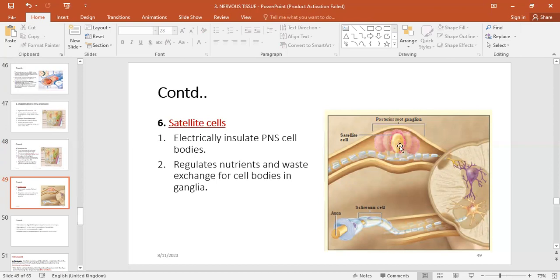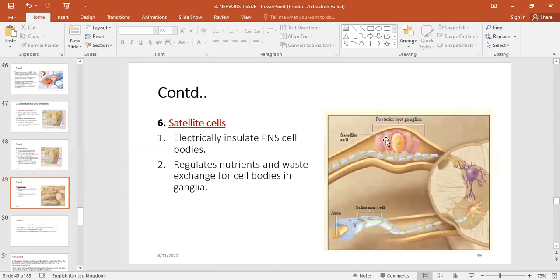Now, these cells, because they're outside the central nervous system, outside spinal cord and brain, they are guarded by satellite cells. So satellite cells are acting more like astrocytes in the brain and spinal cord. So these are the cells you are seeing in pink. They are covering the cell bodies only because they know once a cell body dies, this cell is gone, and the function it was controlling is lost.